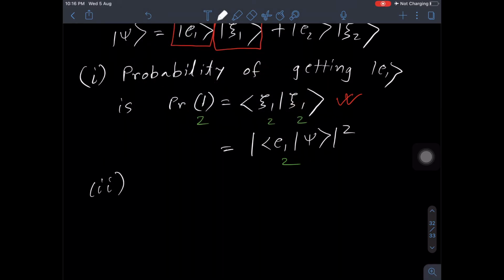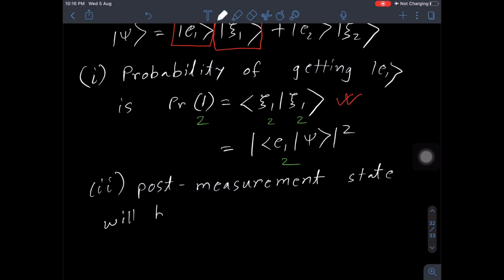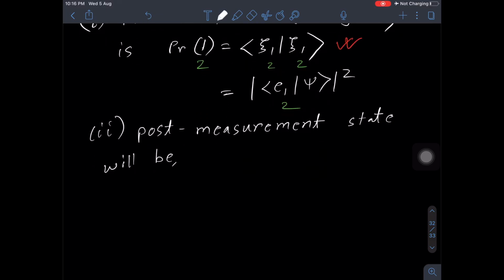The collapsed state, the post measurement state, which we call psi after, will be, if you collapse to 1, E1 xi1. But xi1 is not necessarily normalized, right?